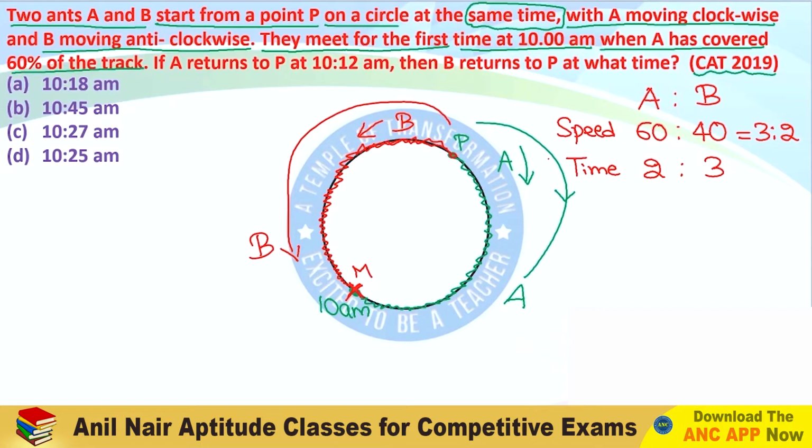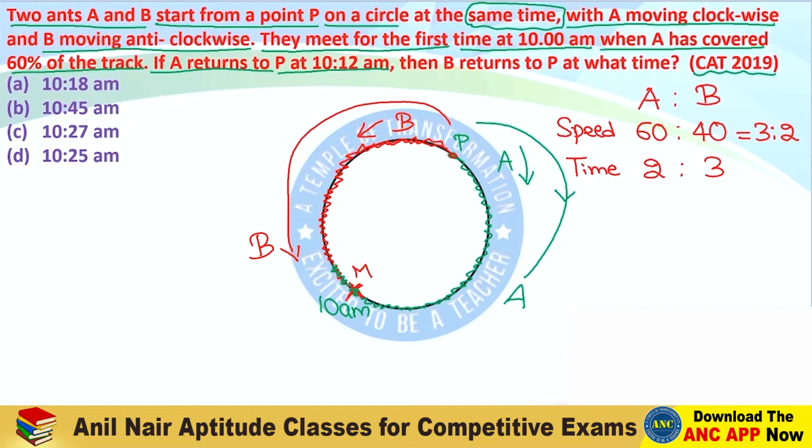Now, the next part of the question. Can I say that ant A has already covered a distance of 60%, and the remaining 40% the ant has to cover, right? Now think logically. The question also says A returns to P at 10:12 a.m. That means right now A is at the meeting point.